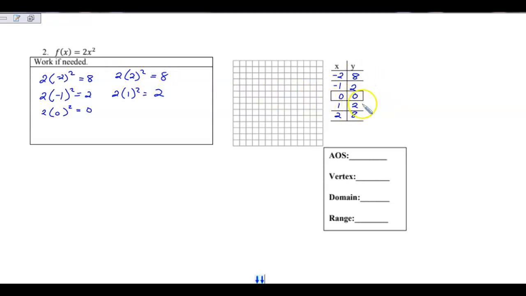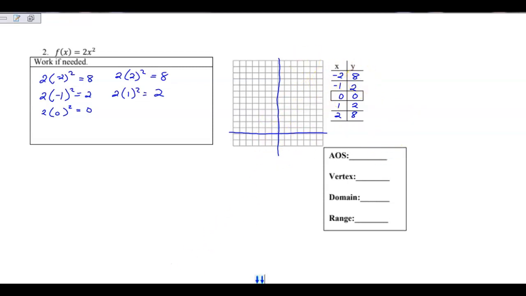You'll notice that these numbers just reverse the order. Now I notice that my y's are positive, my x's are positives and negatives, and I use the origin. So when I draw my axes for this one, I'm going to make my origin down a little further.